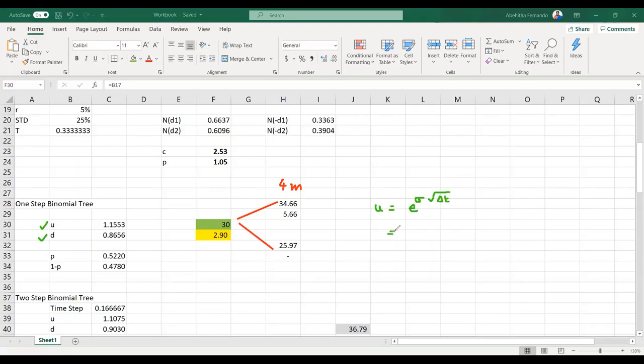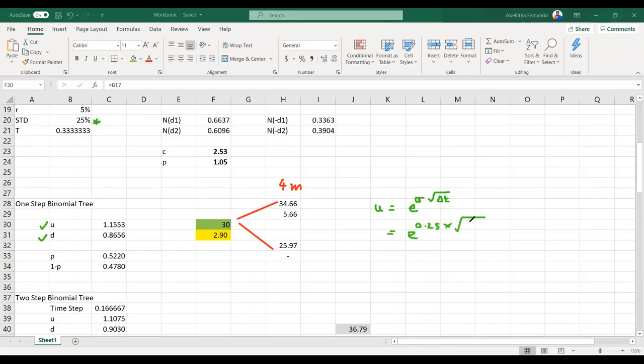So calculate and see what value of U you would get. Here the sigma value was 25%, standard deviation was 25%. So take 0.25 and multiply it by the square root of delta t.